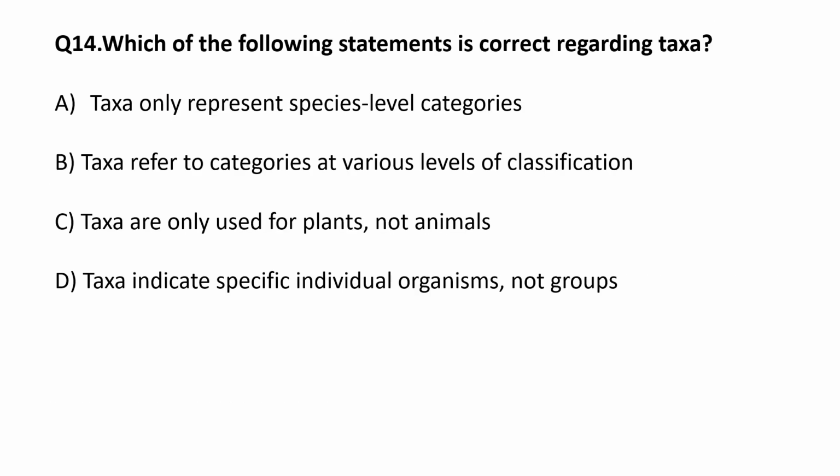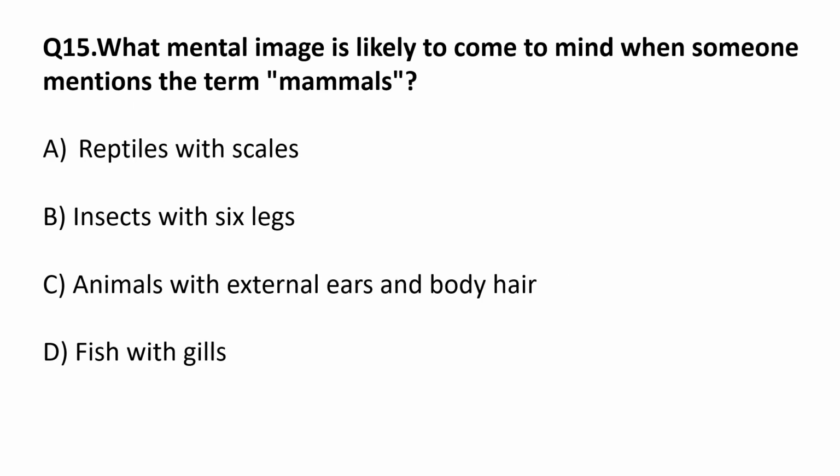Which of the following statements is correct regarding taxa? Taxa refer to categories at various levels of classification. What mental image is likely to come to mind when someone mentions the term mammals? It is animals with external ears and body hair that come to our mind.